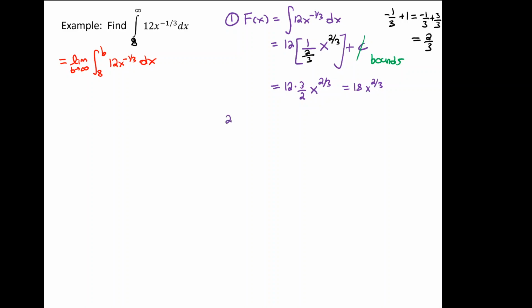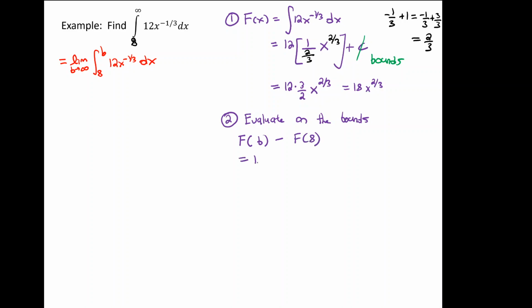Step 2, evaluate on the bounds. So this is capital F of the top bound, so capital F of b minus capital F of 8.